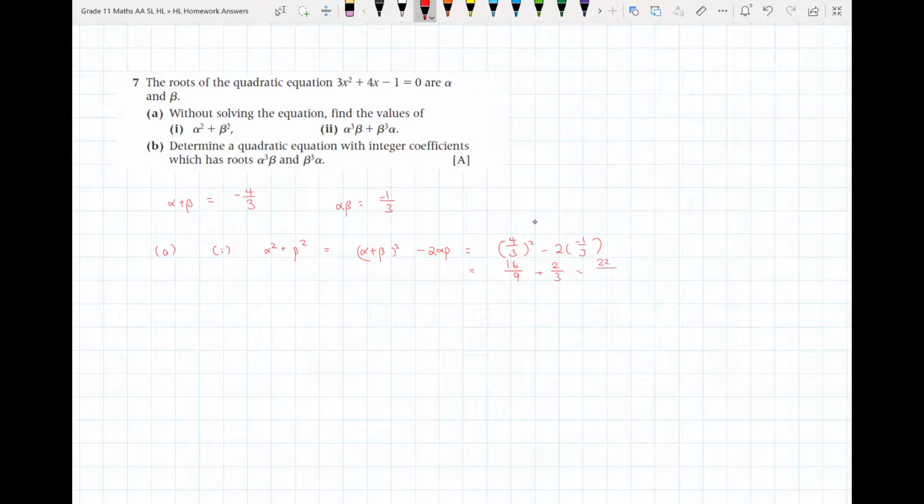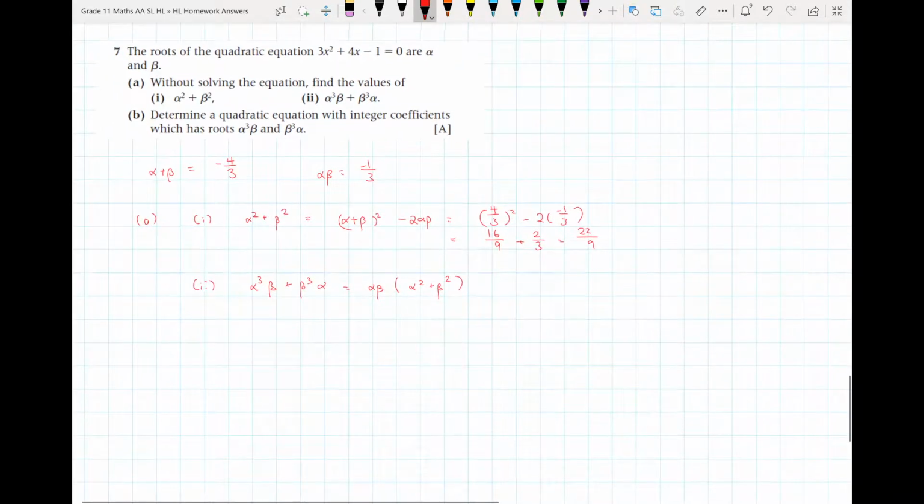So that's 22/9. You can factor out alpha beta. Now this is exactly what we just have in part i. So let's just go ahead and substitute our answer.